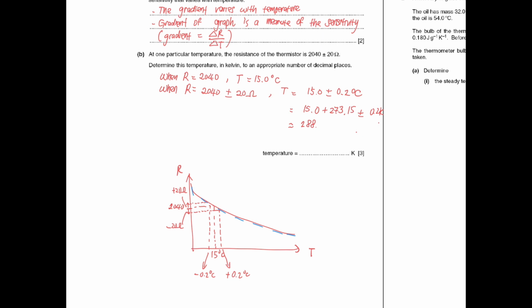Okay, how many decimal places? Again, they said to an appropriate number of decimal places. As you can see, our graph has one decimal place: 15.0 plus minus 0.2. Our graph can read up to one decimal place. So our answer initially would be two decimal places for the 288.15.